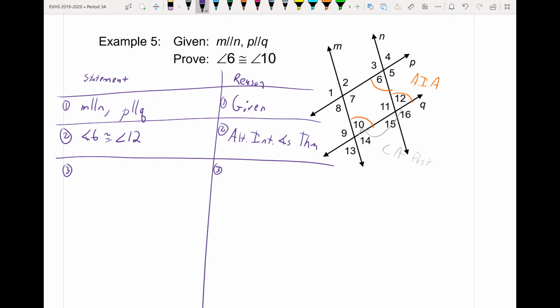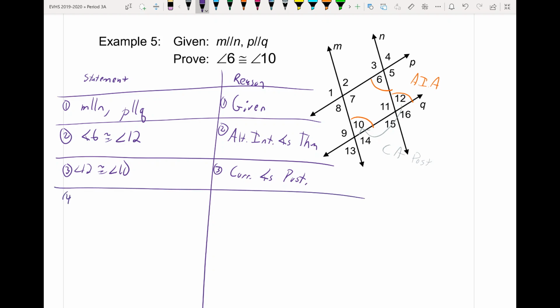Step 3. Angle 12 is congruent to angle 10, and that's by the corresponding angles postulate. Okay.